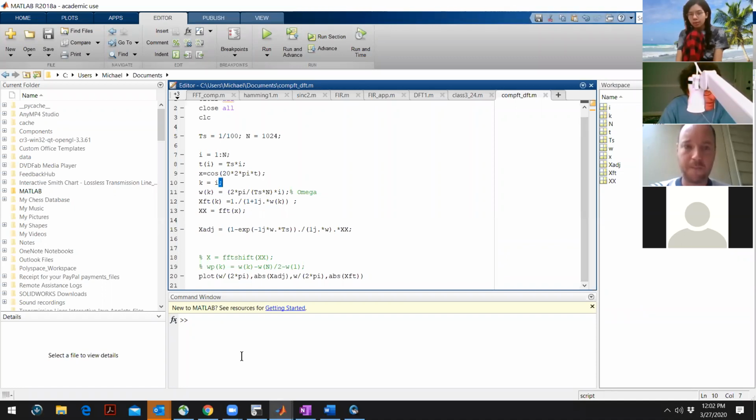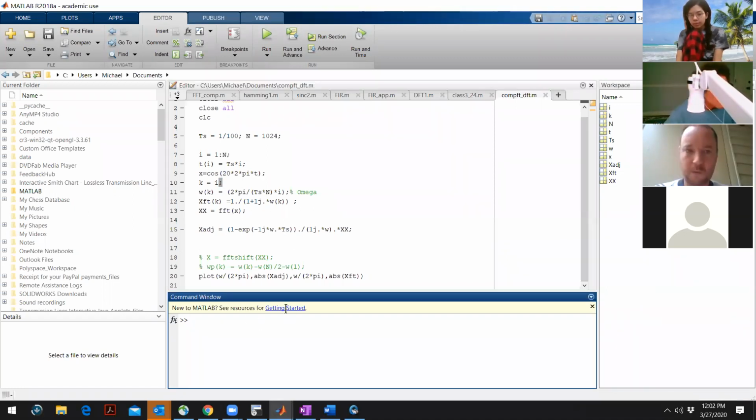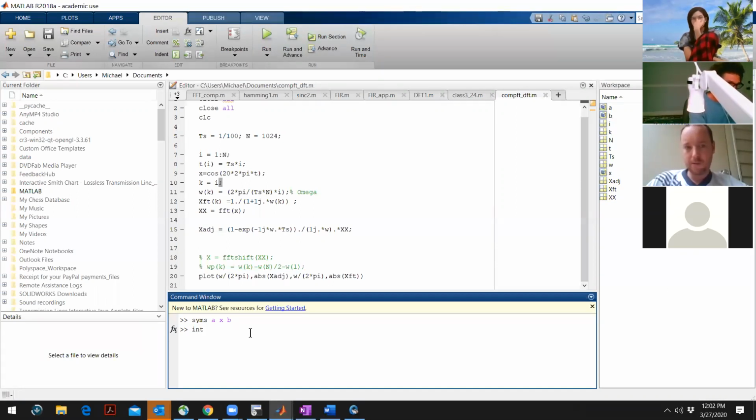Yes. All right. Well, if you want to do a symbolic integration, I'll leave that there. And then I'm going to put int. I think that's integrate. Let me just see if this does that or not.